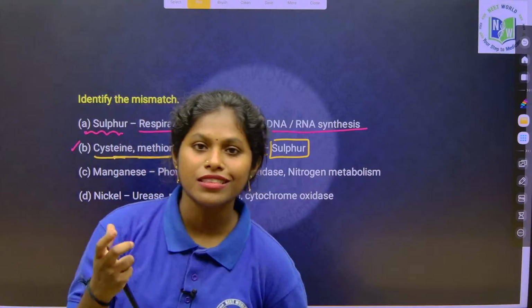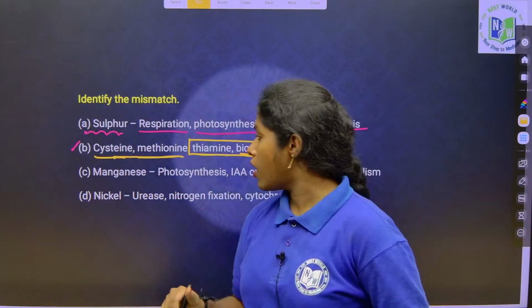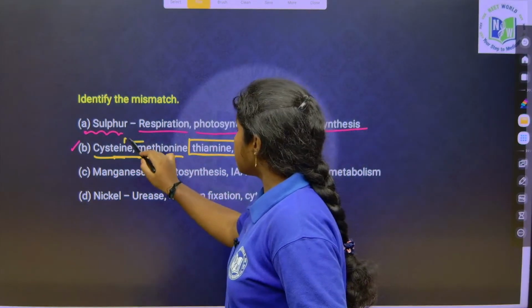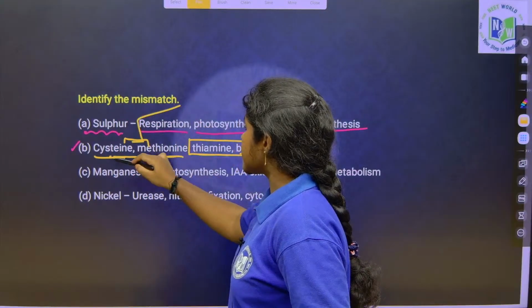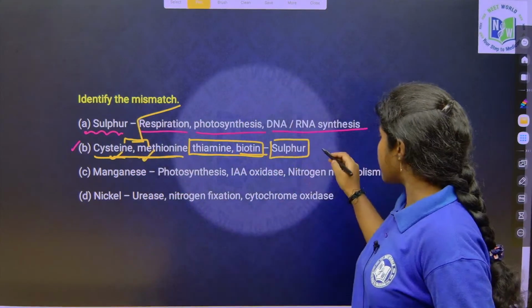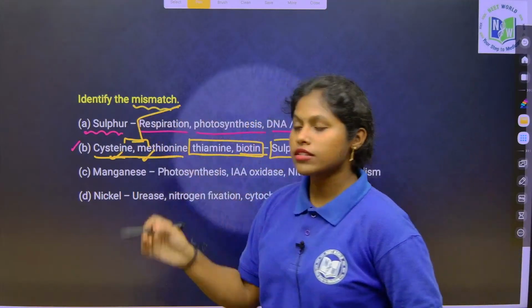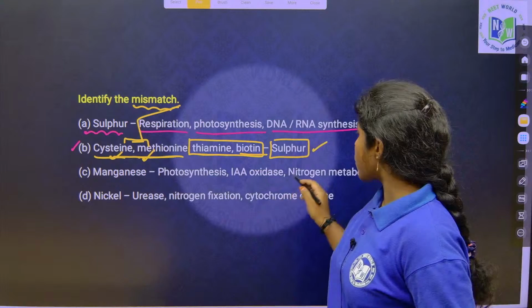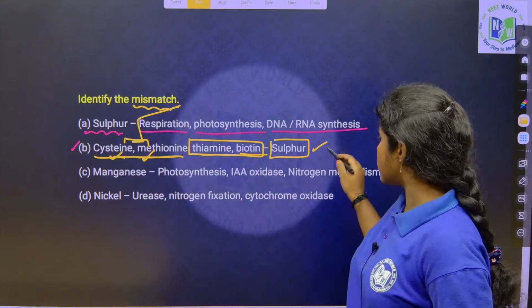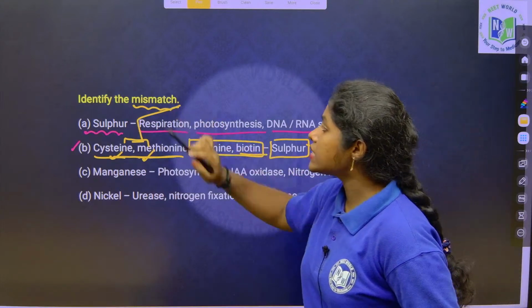Sulfur is present in the vitamins thiamine and biotin, and in amino acids like cysteine and methionine. Here is the correct statement. Here they asked about the mismatch statement, right? So coming to this question, the B answer is a correct option, but they asked for the mismatch.